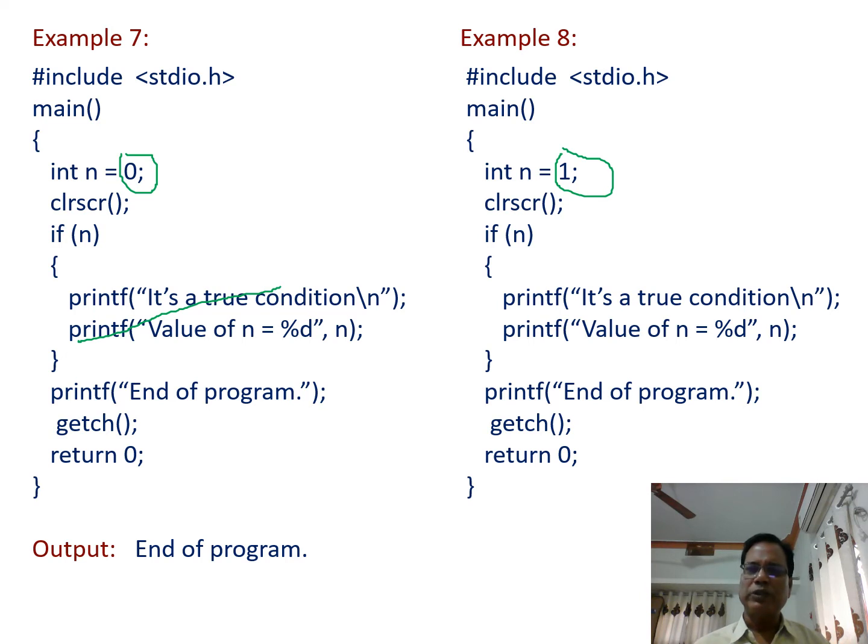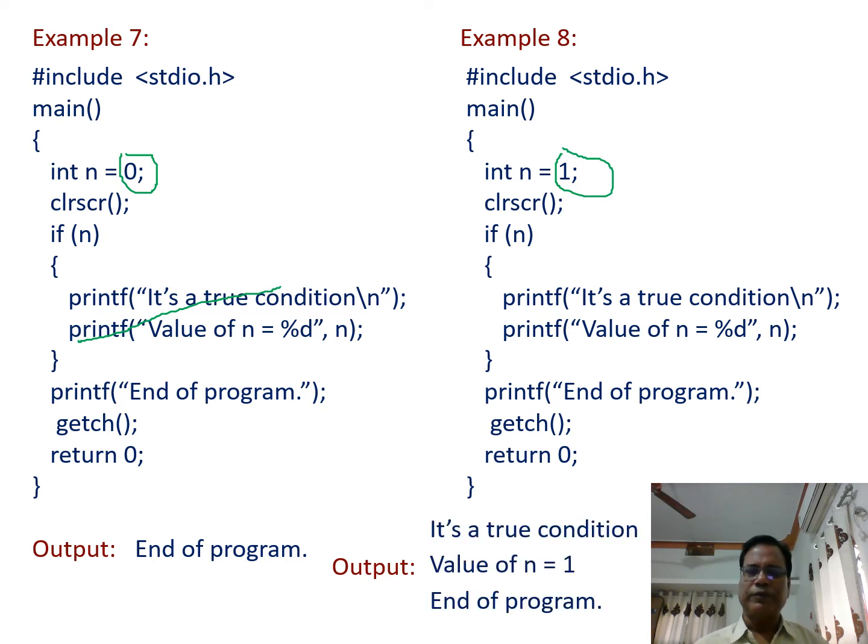So output of these two print statements are printed on the output screen, and then following printf statement prints its output. So it's a true condition, and value of n equal to, what is value of n? Here we find that it is 1, that gets printed. So when this program is run, we get the output like this one. It's a true condition, value of n equal to 1, and end of the program.